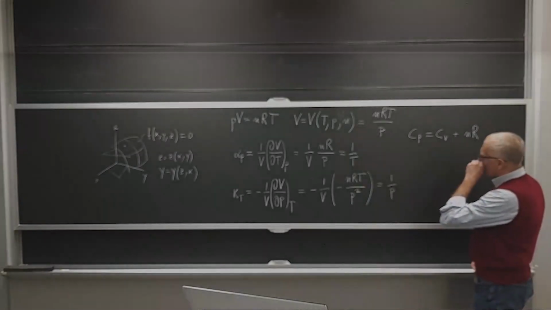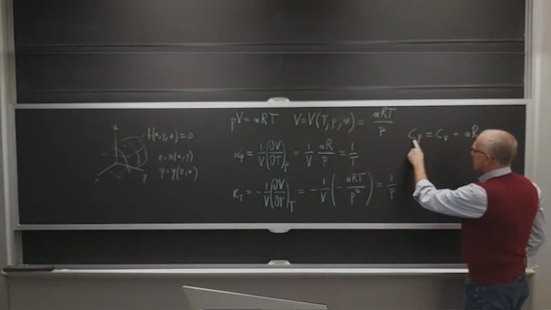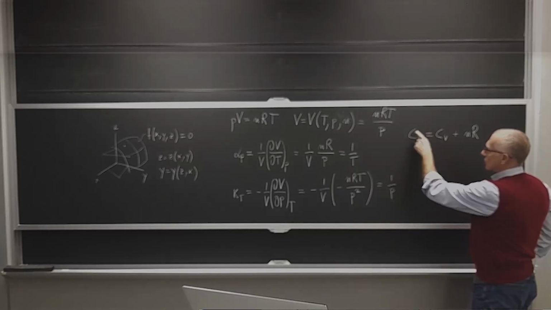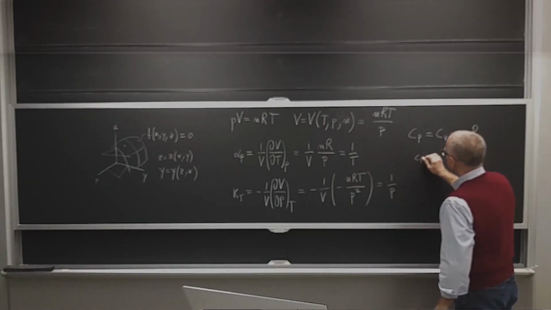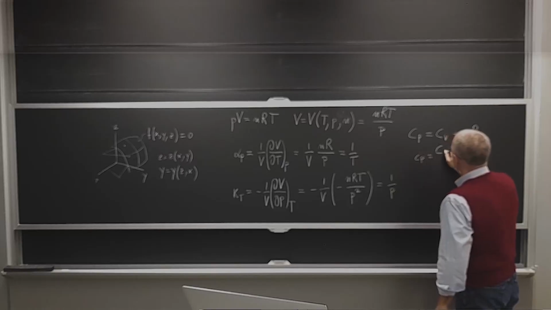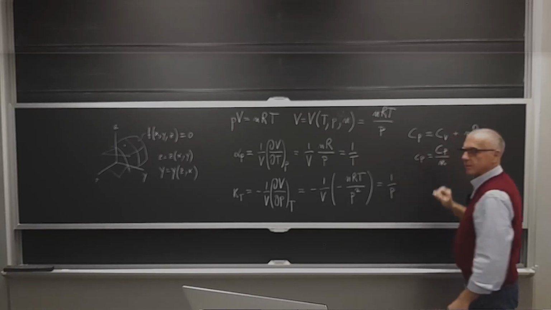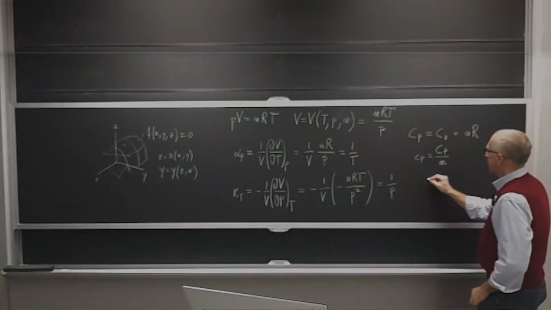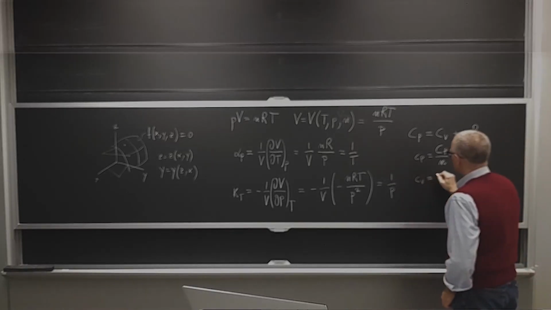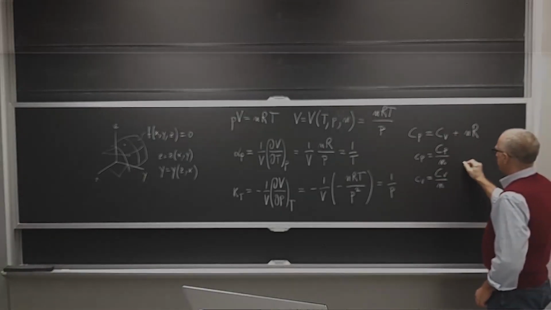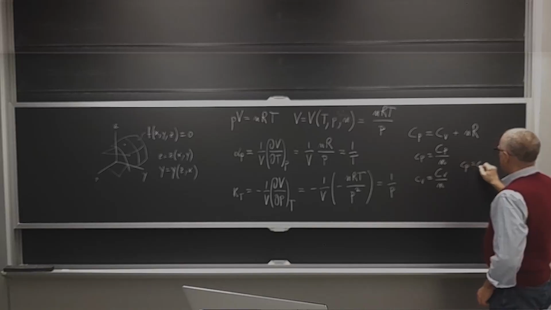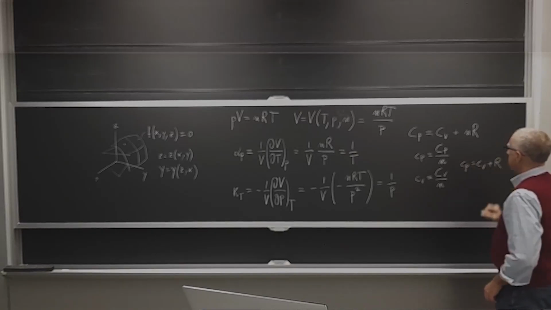Usually, you don't do heat capacities. We do specific heats. So that's Cp, small c is capital C over N. And Cv, small c, I'm sorry, specific heat is the Cv over N. And then the relation, my relation is that Cp equals Cv plus the gas constant.